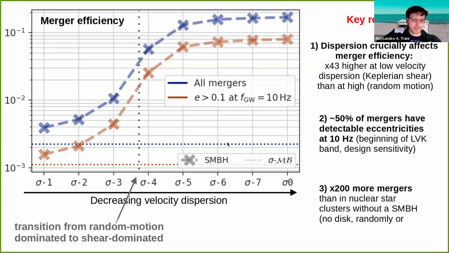And this dotted line here is the merger efficiency for a nuclear star cluster without a supermassive black hole. So there is no disk, the orbits are randomly oriented, and there is no supermassive black hole, and basically the merger efficiency is much smaller.